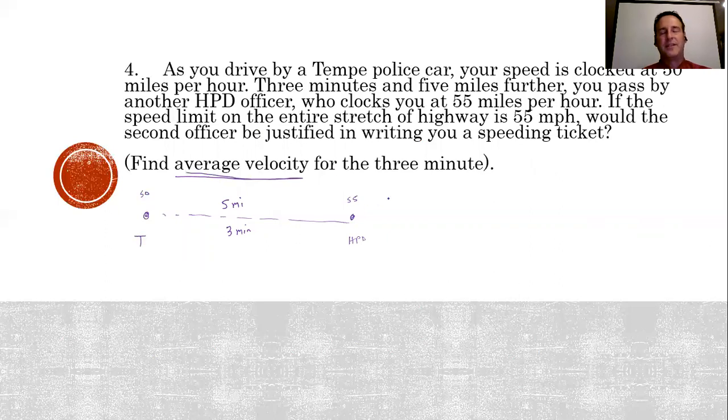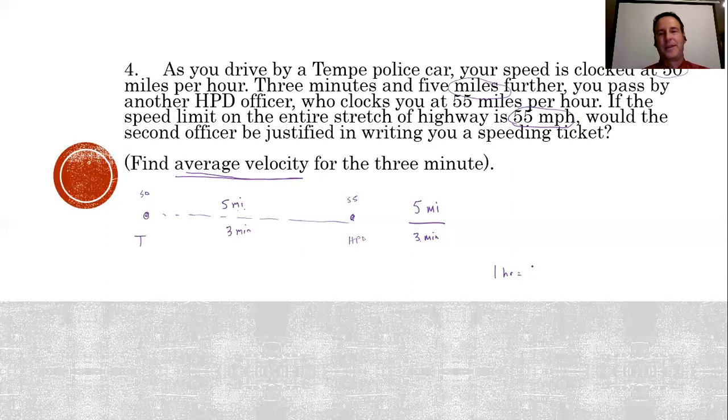If you take a look, here's what you're doing. You're traveling a total of 5 miles, and you did it in 3 minutes. Now, that's not the same unit as what you have for the directions. You have 55 here, 55 here, 50 here. They're all in miles per hour, and that's not what this is. So let's think about this. 1 hour is how many minutes?